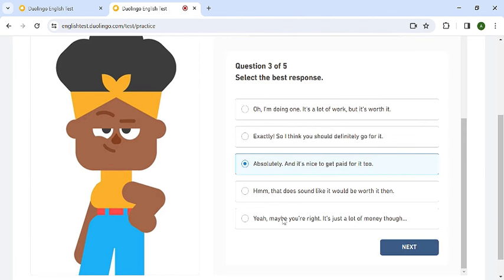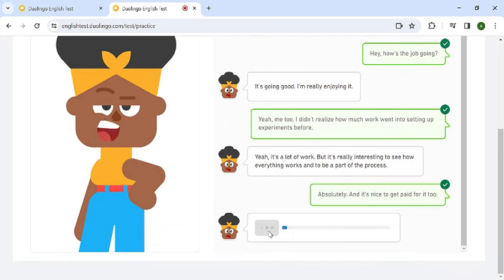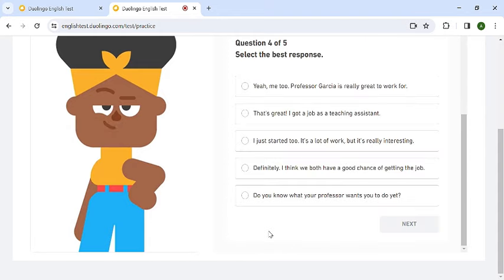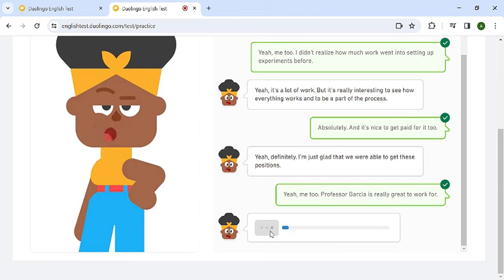Absolutely, and it's nice to get paid for it. Yeah, definitely. I'm just glad that we were able to get these positions. Absolutely. Everything is really organized and planned out ahead of time, which makes our jobs a lot easier.